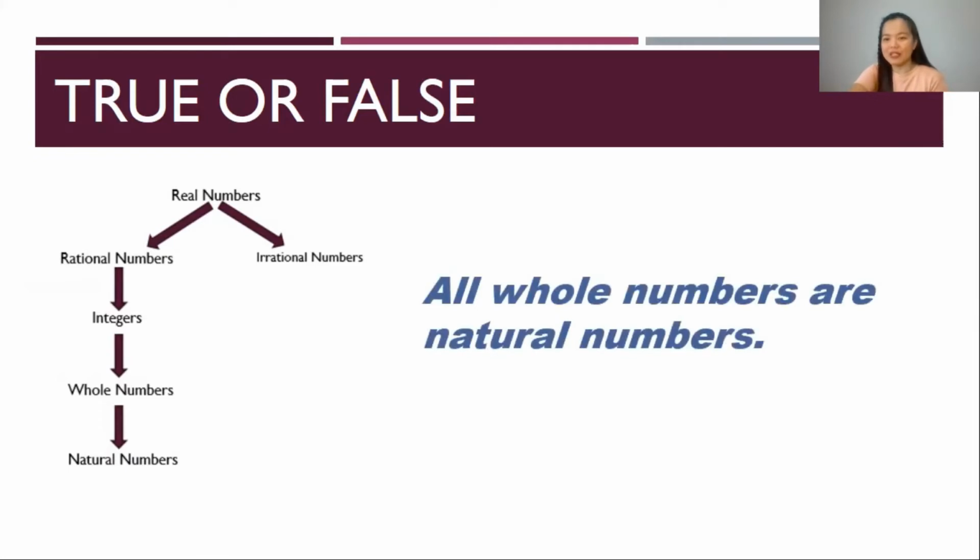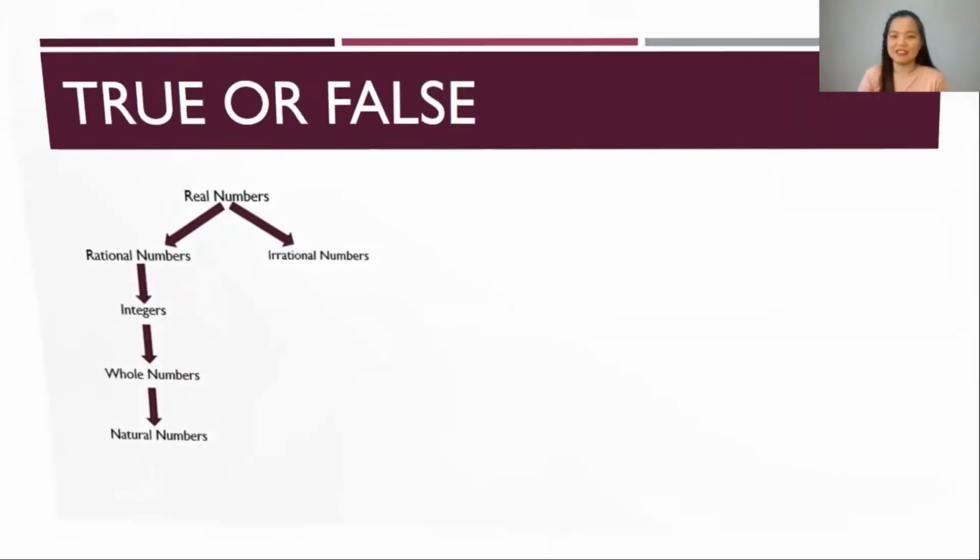All whole numbers are natural numbers. Tignan natin dito. Whole numbers are natural numbers. So, pababa yung direction niya at hindi lahat ng whole numbers ay natural numbers. Kaya, yung answer is false. We also have another example.